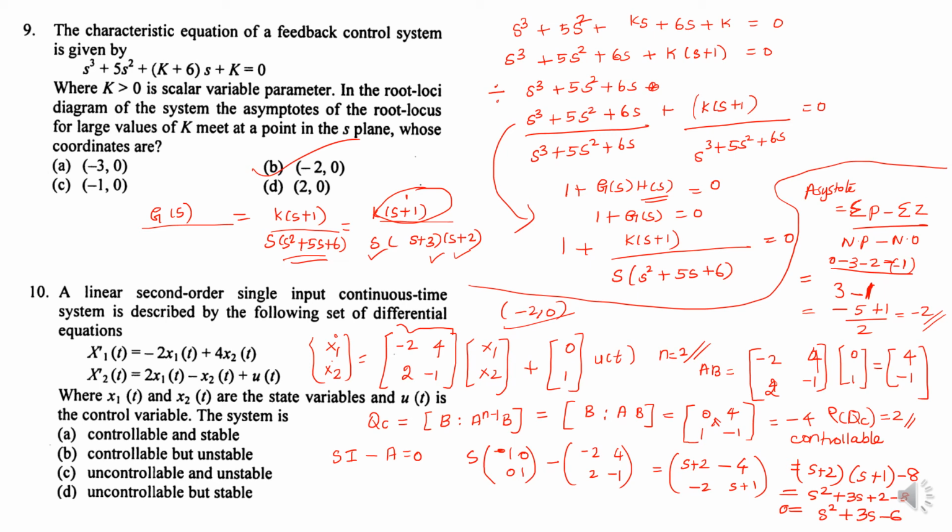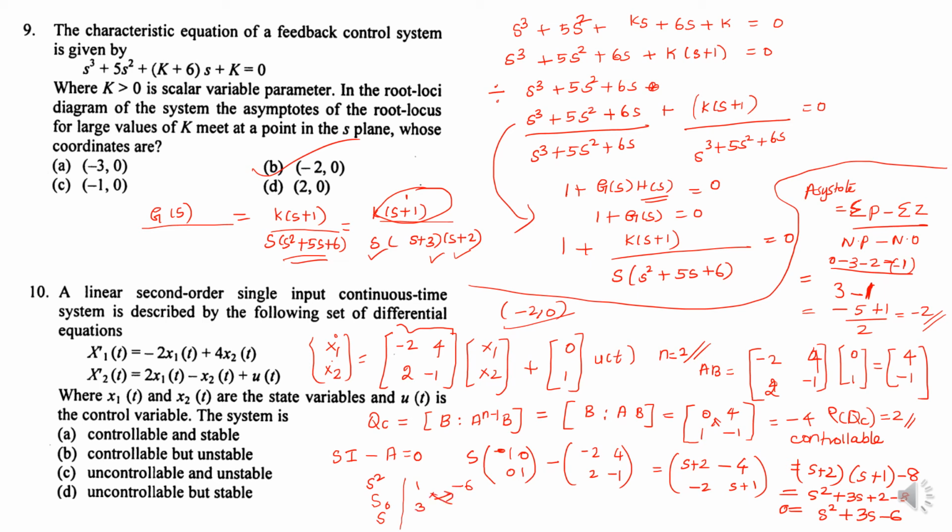From this characteristic equation, we can say that the first column of the Routh array is not positive. Just have to verify this using the Routh stability criterion. S square, then S, then S power 0. S square is 1, then minus 6, then next one is 3.